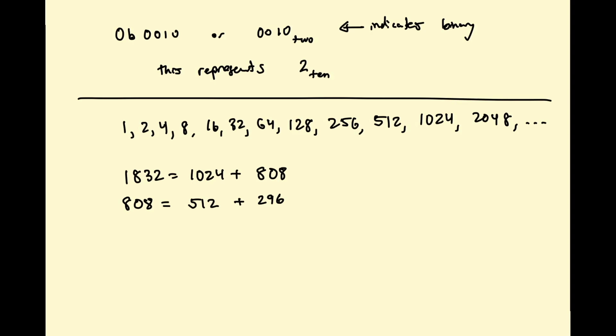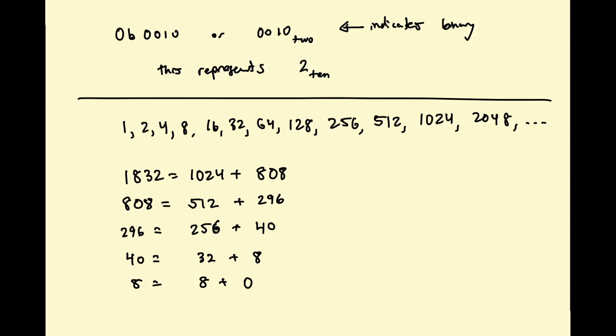Somebody who has a calculator handy, double check our arithmetic just to make sure we're not flubbing it. Okay, 296. Can I fit a 256 into that? Yep. And fortunately, this one's easy, with 40 left over. 40 is 32 plus 8. 8 is 8, and then no remainder. So I'm finished.